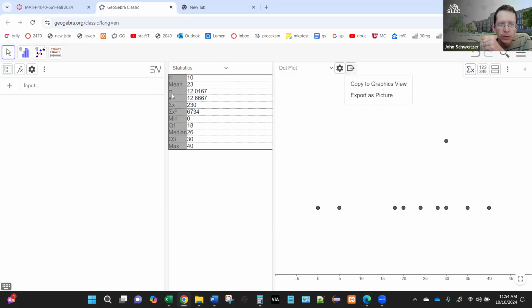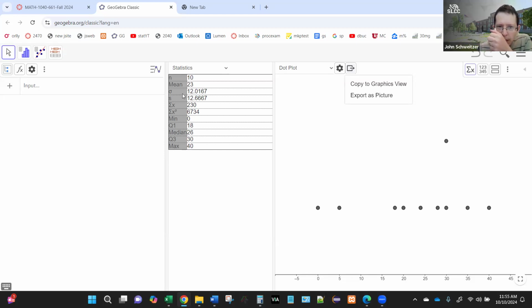It's already here in GeoGebra for us. GeoGebra doesn't know if you have put in a sample or a small population, so it uses both formulas and calculates the population standard deviation and the sample standard deviation, and then lets you choose for yourself which one is the relevant one.